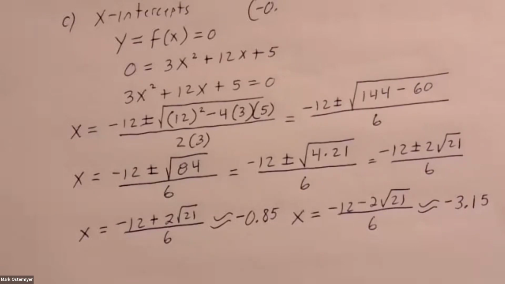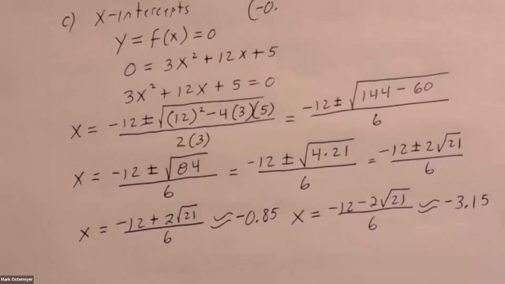I didn't get the same answer for the first one. Let me double check that. Maybe I forgot the 2 in front of the square root here. Negative 12 plus 2 times... Wow. I typed in the square root of 12.